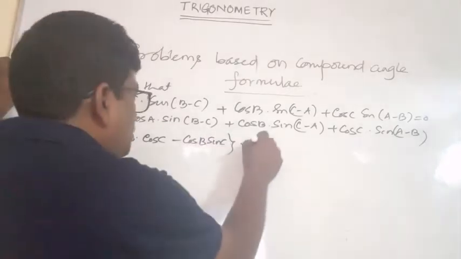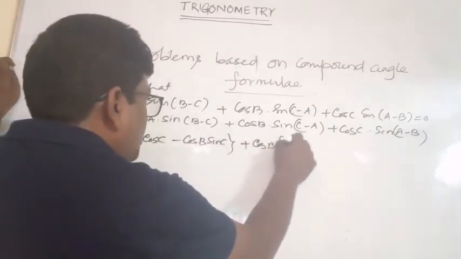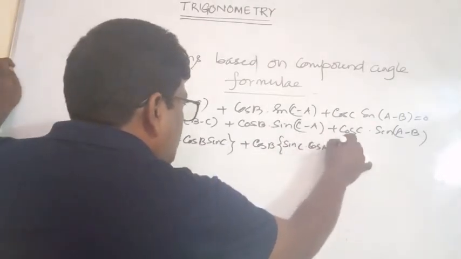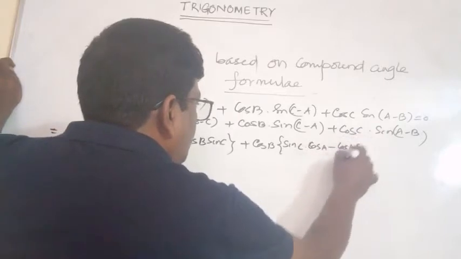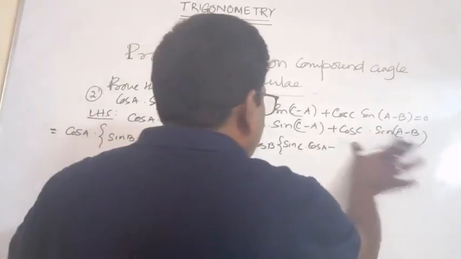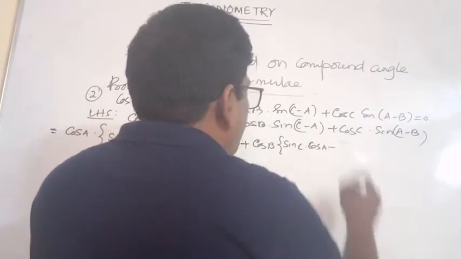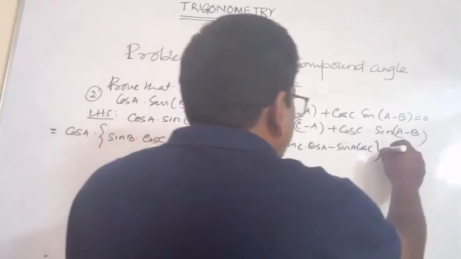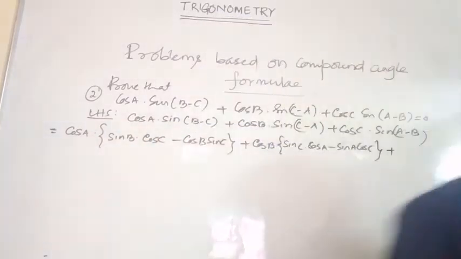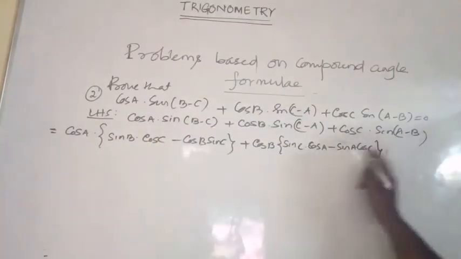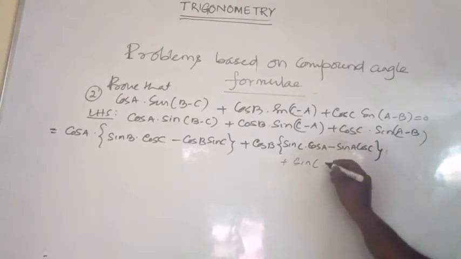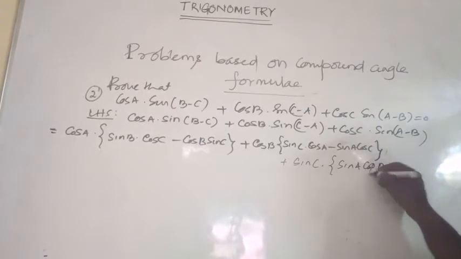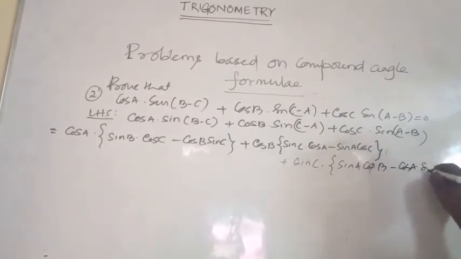Now this is cos B into (sin C cos A minus sin A cos C), and the last step is cos C into (sin A cos B minus cos A sin B).